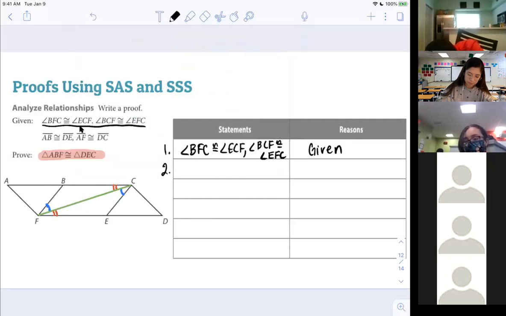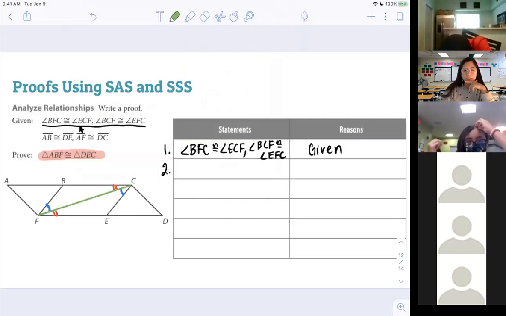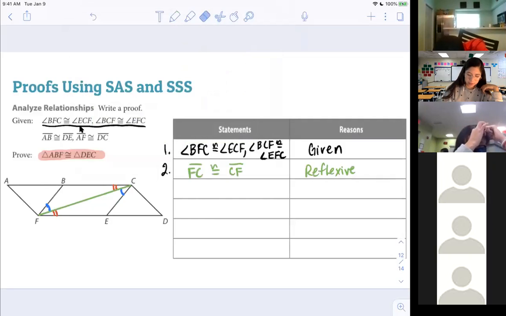Can anyone give me the whole statement, though? I know this is reflexive property, but what's the statement? Line segment FC is congruent to line segment CF. Exactly. That's my reflexive property.